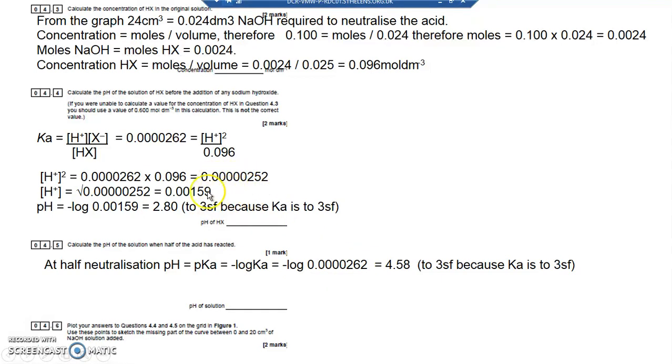I've got that from my original question. So minus log of that is 4.58, again to three significant figures because the Ka is to three significant figures.